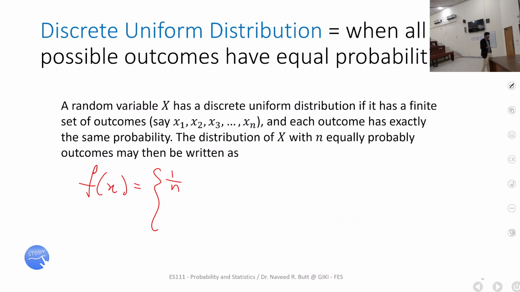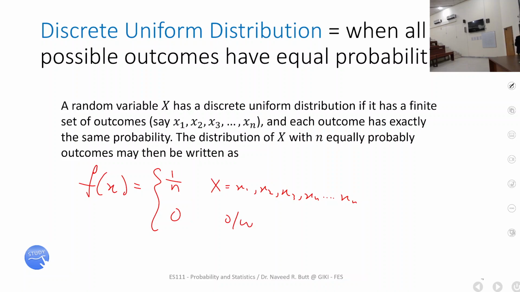So n is 6 there. But then you have to make sure that this result holds for the allowed values. It's a discrete variable, right? So it's only for the allowed values, whatever they are. For all other values, of course, you assign a probability 0.